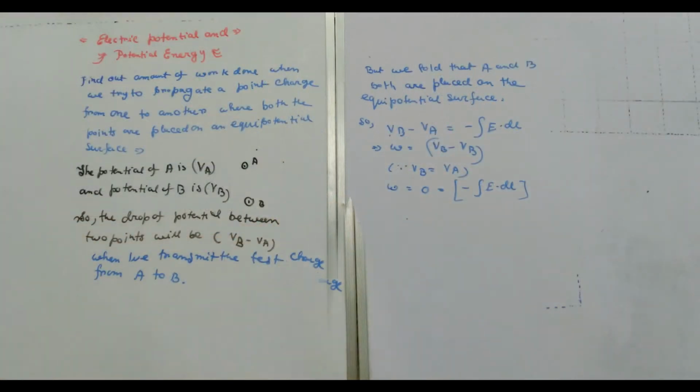So for two particular points placed on an equipotential surface, the total amount of work done will be 0 if we transmit the point charges following any of the pathways.